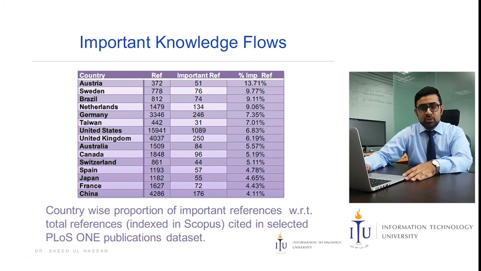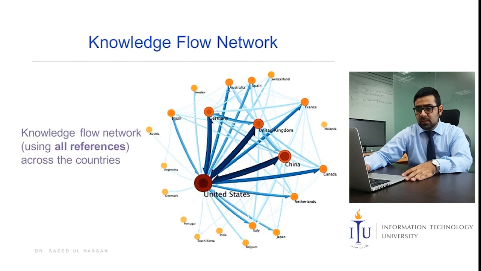We also wanted to visualize some knowledge flow networks. So this one, for instance, on your screen, is using all references across the countries. We see heavy knowledge exchange between China and United States.